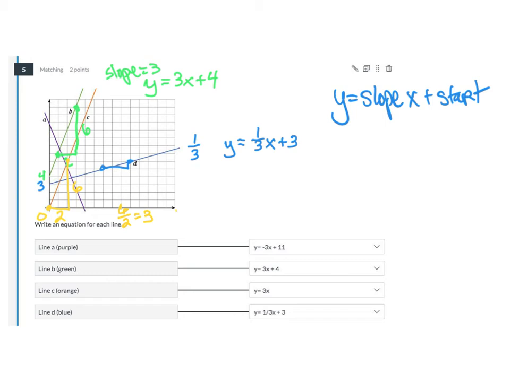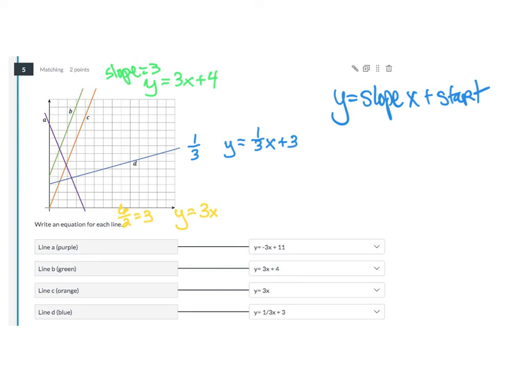So put it together, we have y equals 3x plus 0. And remember, mathematicians don't like to write down the zeros. So it's really going to be y equals 3x. So that's line C.